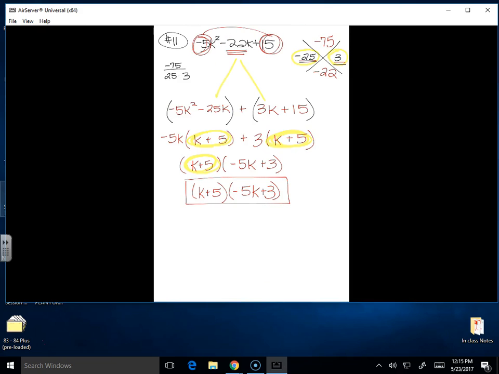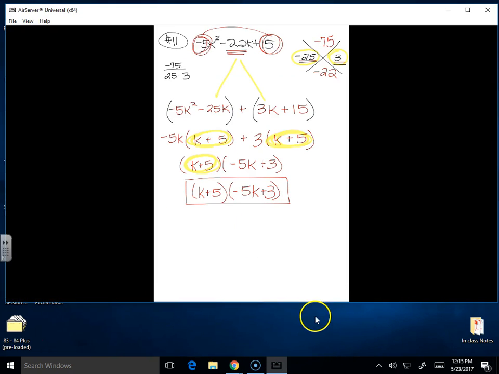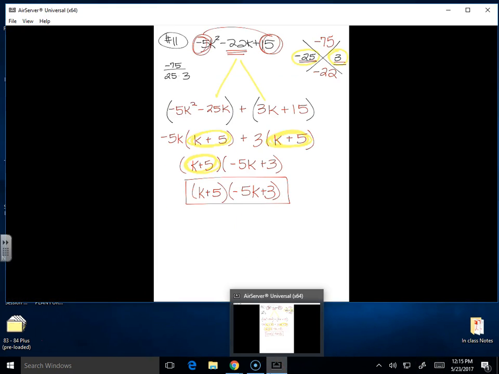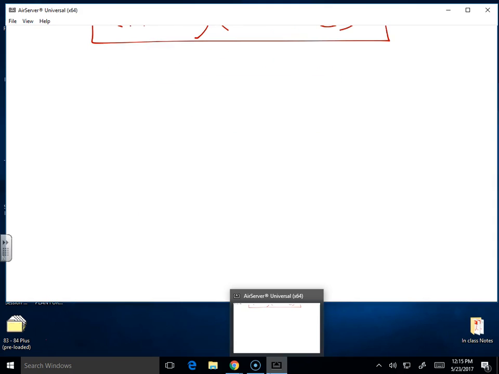That was chapter 7. Factoring is not easy, but it is possible. Do you want me to give you just a random easy one and see if we can do it with the x? Okay. So we've been doing some hard ones. Let's do one more easy one. This is just an extra example. Don't shout out the answers. Let everyone try.